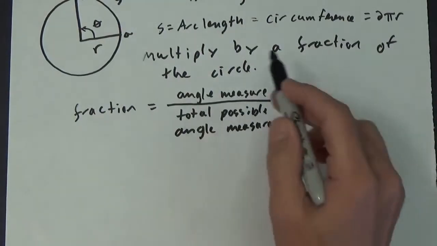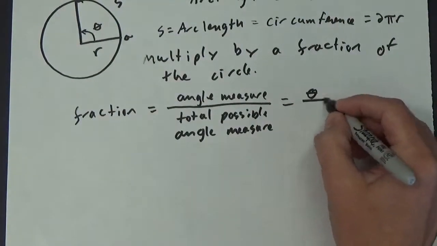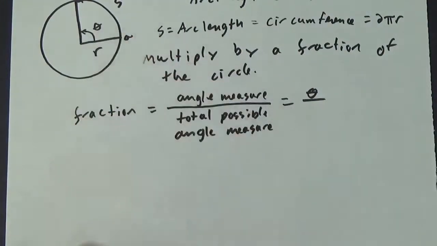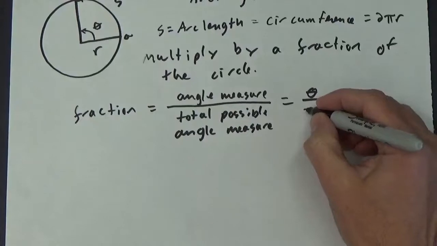In this case, our angle measure is theta, and the total possible angle measure is, well, how many radians are in a full revolution? And that is 2 pi.